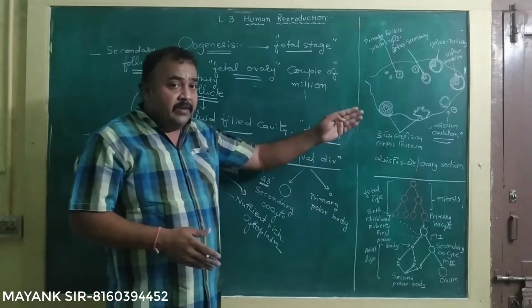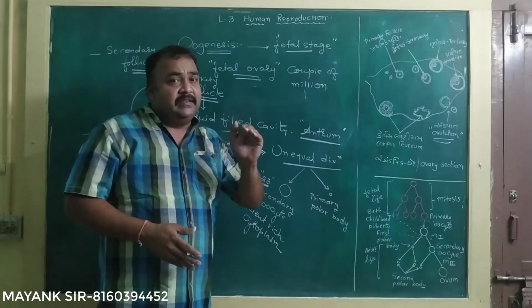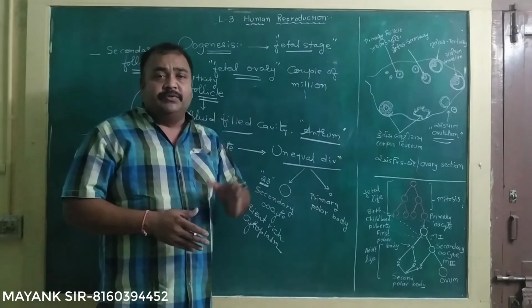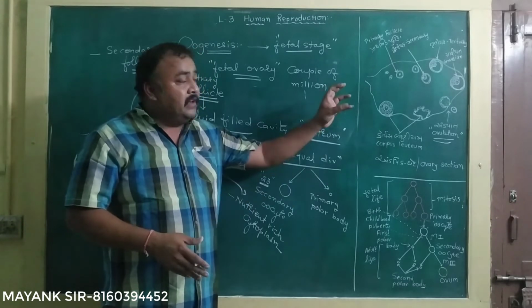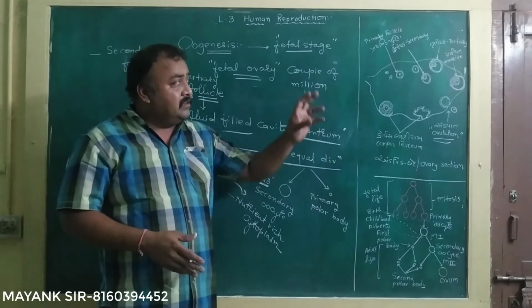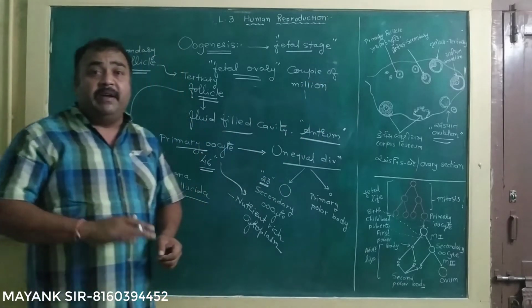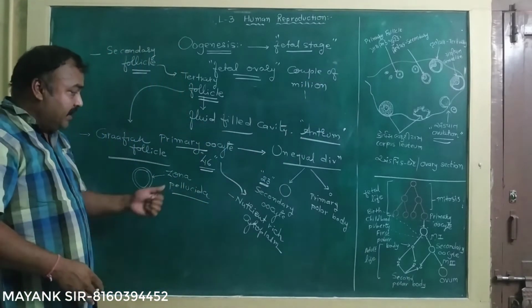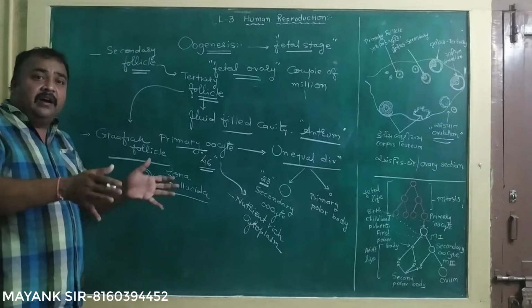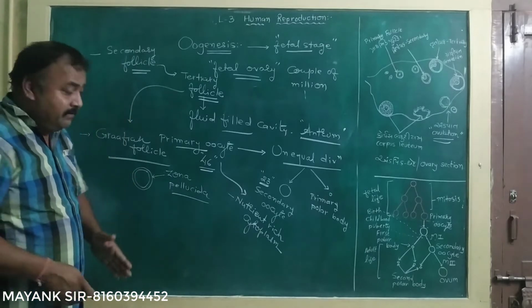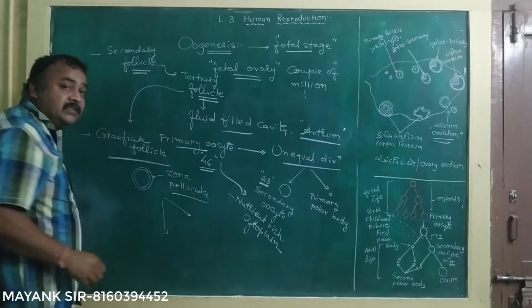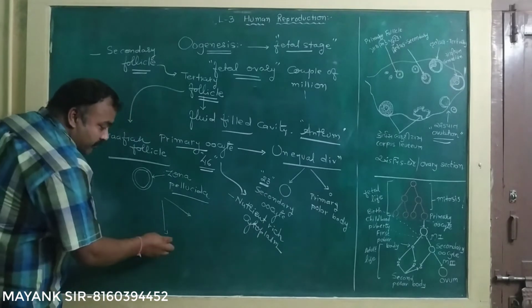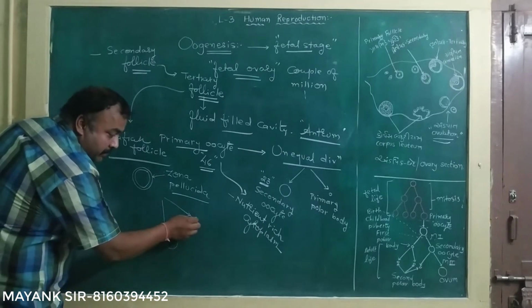So when the sperm enters into the secondary oocyte at the process of fertilization, only then is the second meiotic division of the secondary oocyte completed, and the secondary oocyte again undergoes unequal division to form two unequal sized cells. One will again be larger, another will again be smaller.